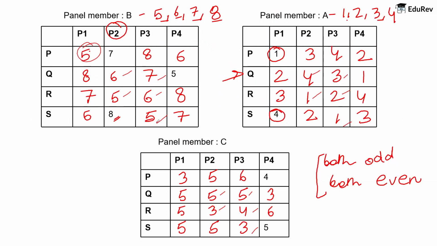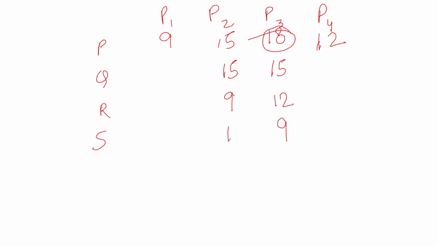And for S, it will be 8 plus 2, 10 plus 5, 15. So you can see if I compare between P2 and P3, so for P, score in P2 is less, for Q, it is equal, for R, this is again less, but for S, score in P2 is greater than P3.